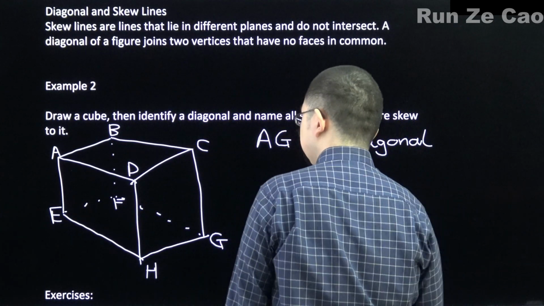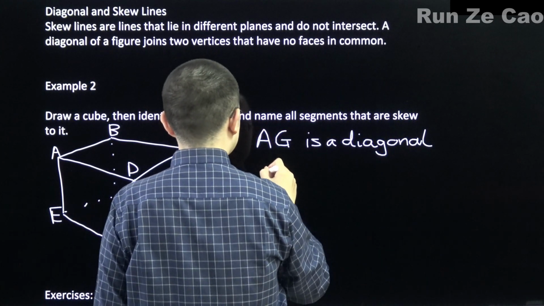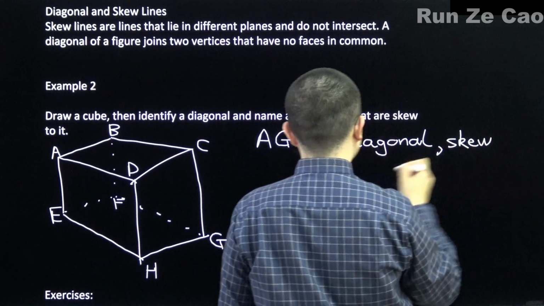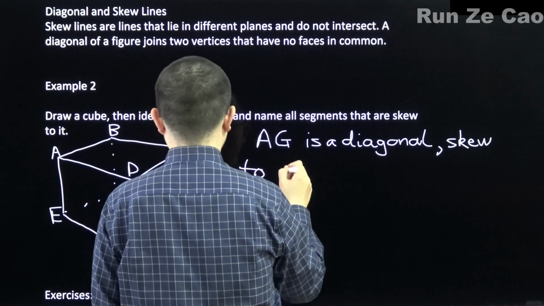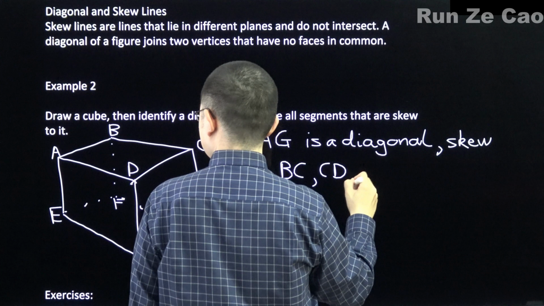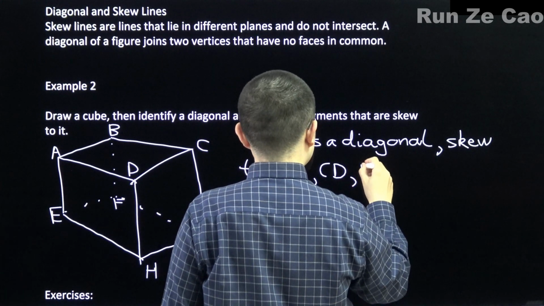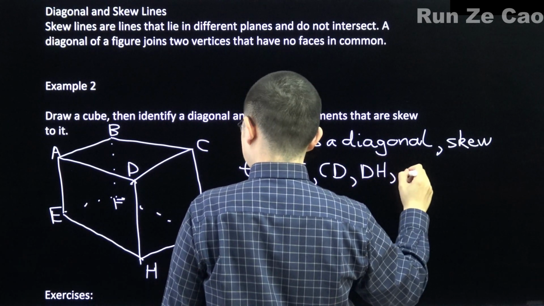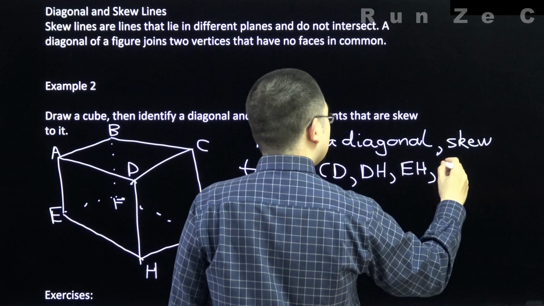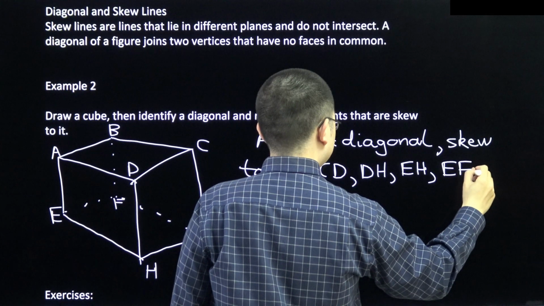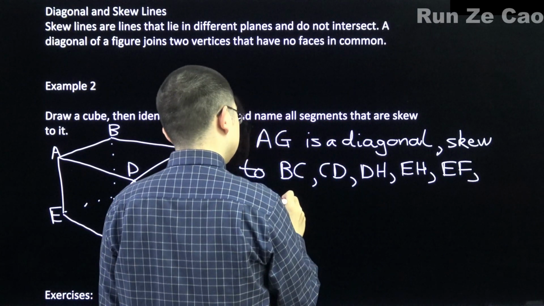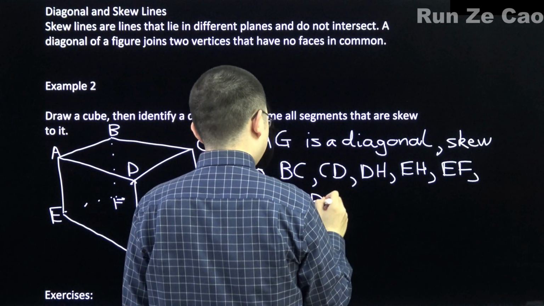So, BC, skew to BC, CD, DH, EH or HE, EF, and BF.